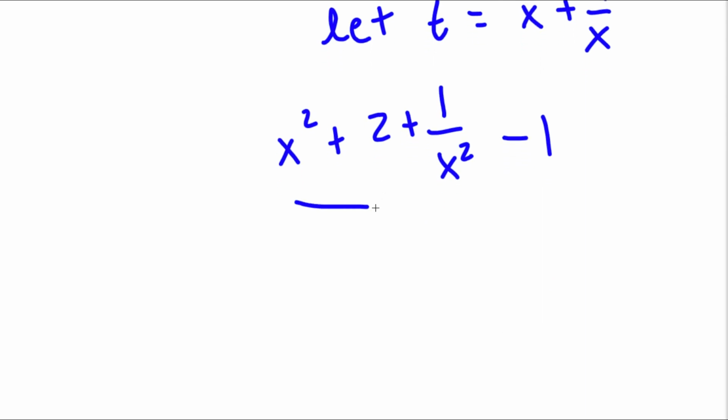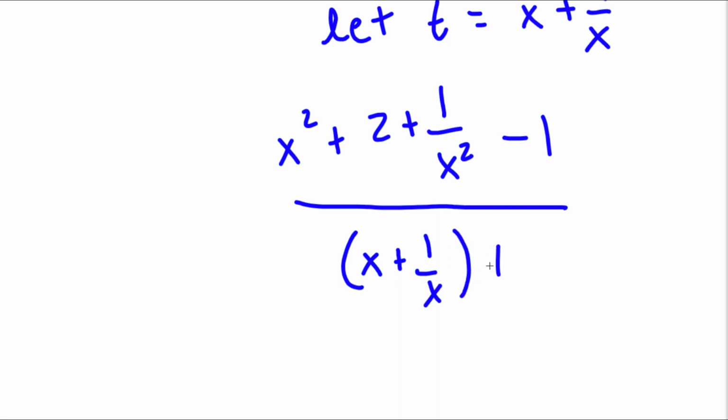And for my denominator, I'm going to write this as x plus 1 over x plus 1. And now this is equal to 3.